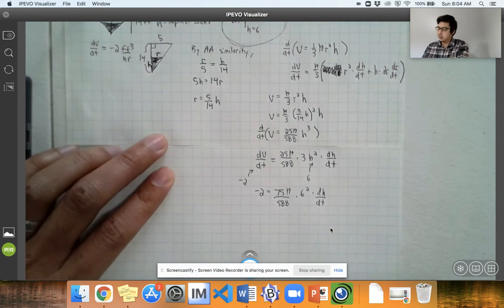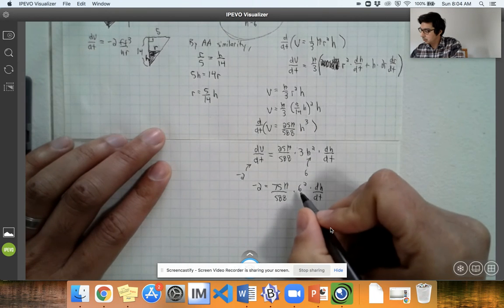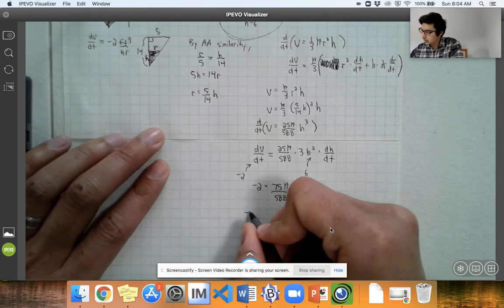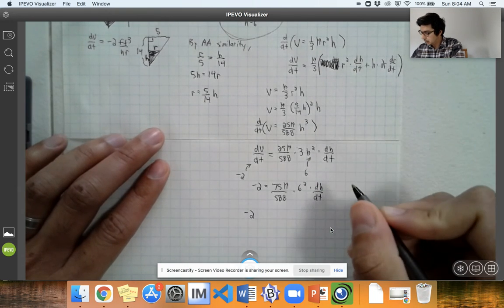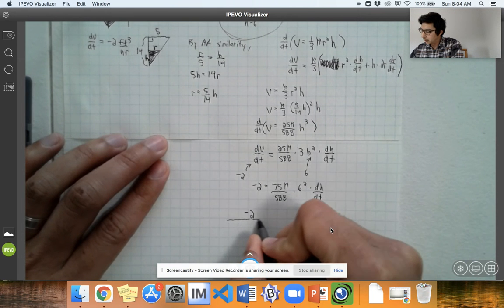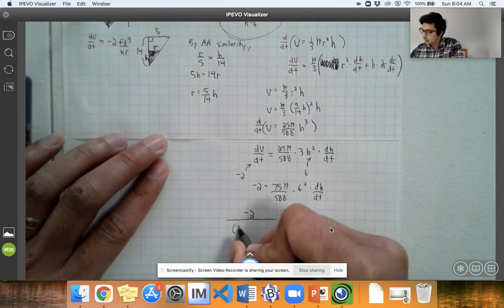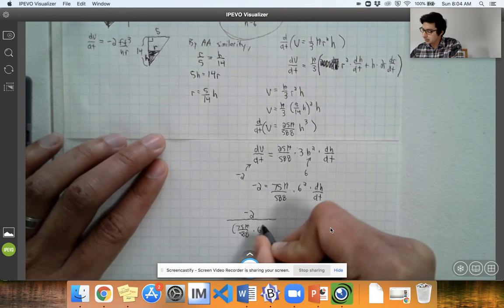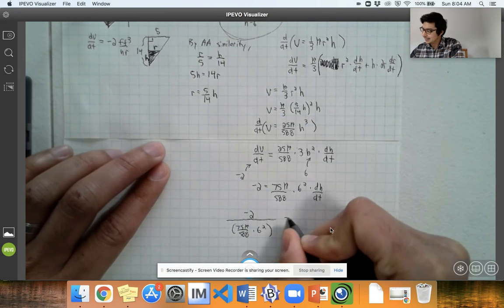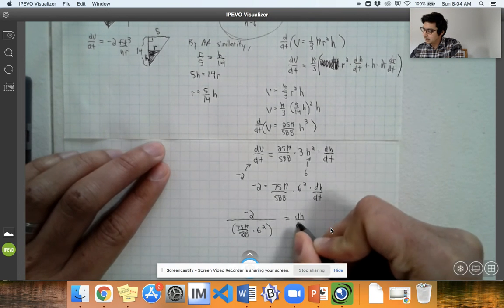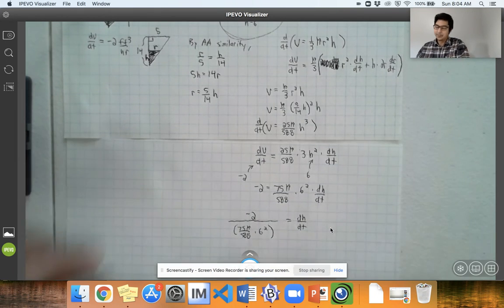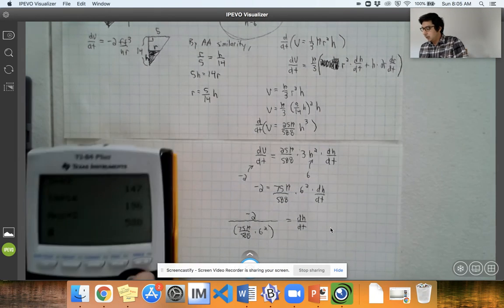And now we just solve for dh/dt, and what we'll get here is -2. I'm just going to divide by all that and just use my calculator, divided by 75 pi over 588 times 6 squared. And what's dh/dt? Okay, so here we go.